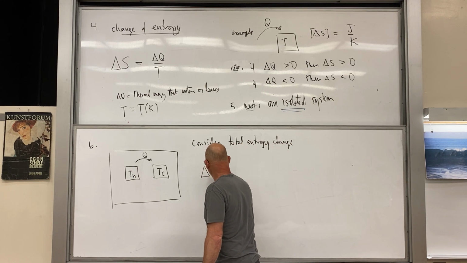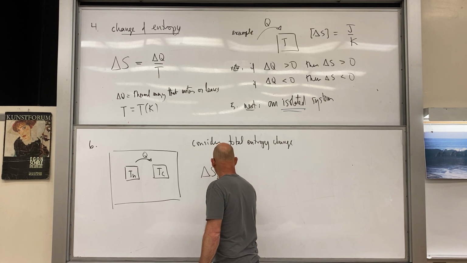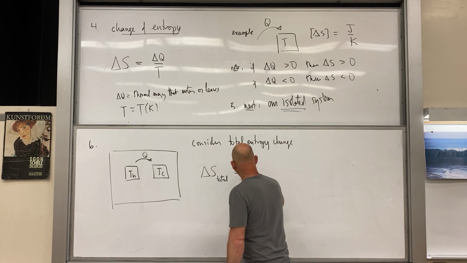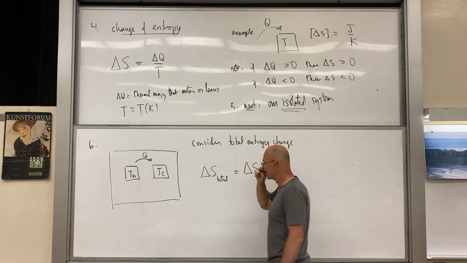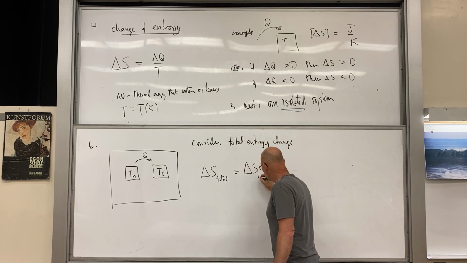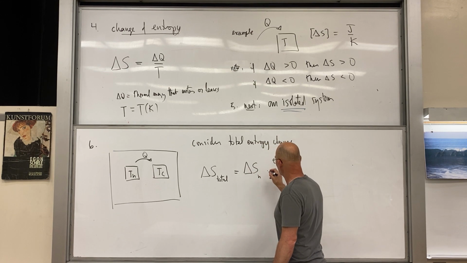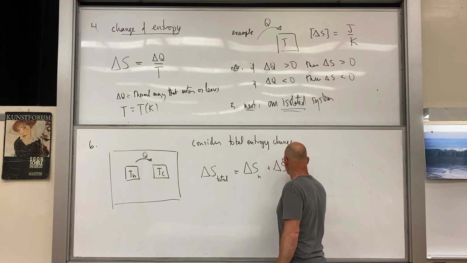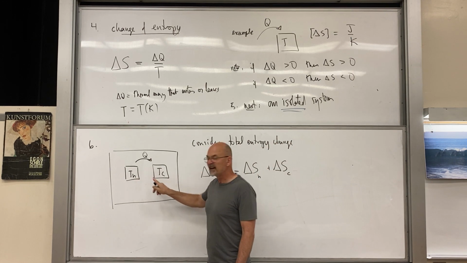Because it's isolated, delta S total is going to be the delta S sub H plus the delta S sub C for the one side and the other.